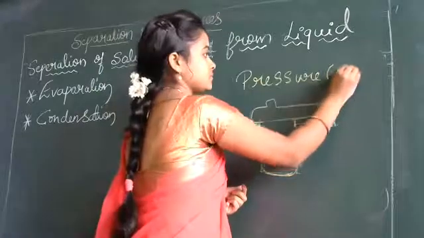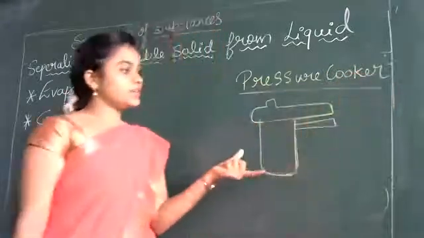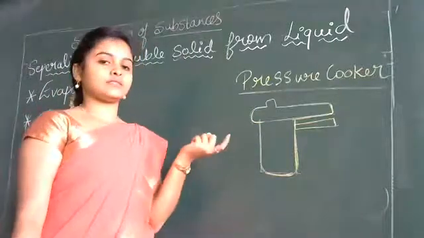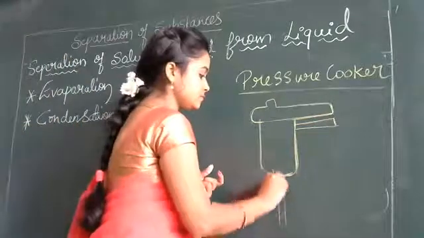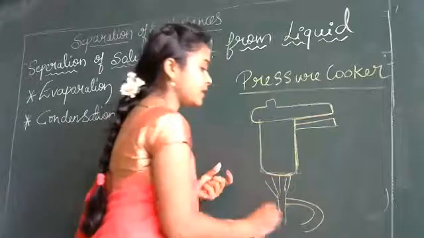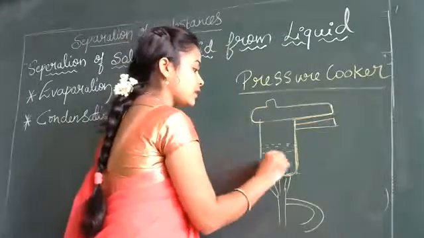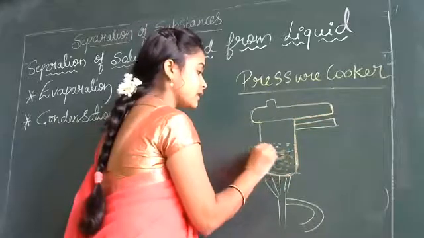Okay. So here your mom is using a pressure cooker to cook any kind of dish. Suppose here we will start cooking rice. For cooking rice we want water plus rice.